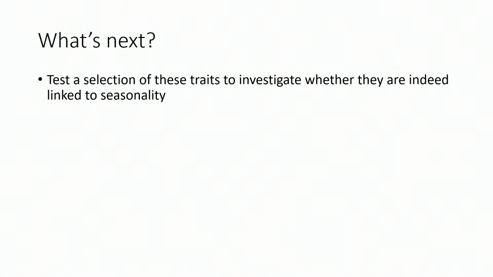Do they emerge in seasonal environments? And are they associated with seasonality? And also try to reconstruct them in the fossil record. We're also going to use plot data to look at which plants are found in seasonal environments and what traits those plants have.